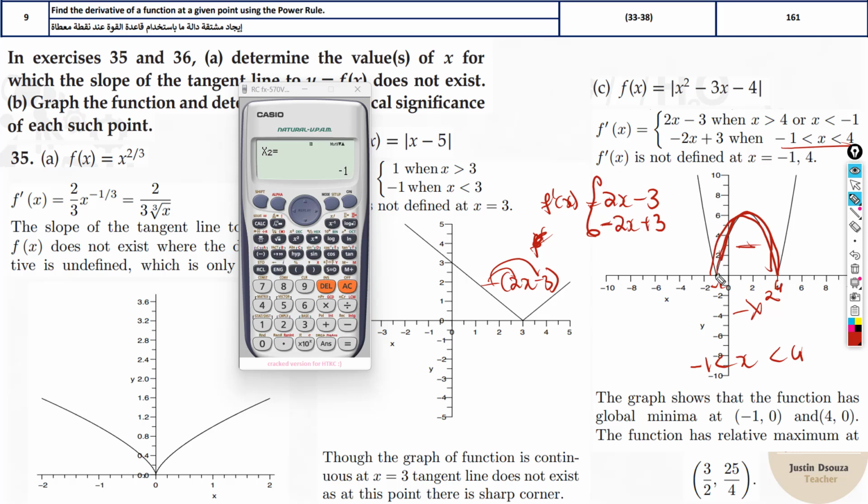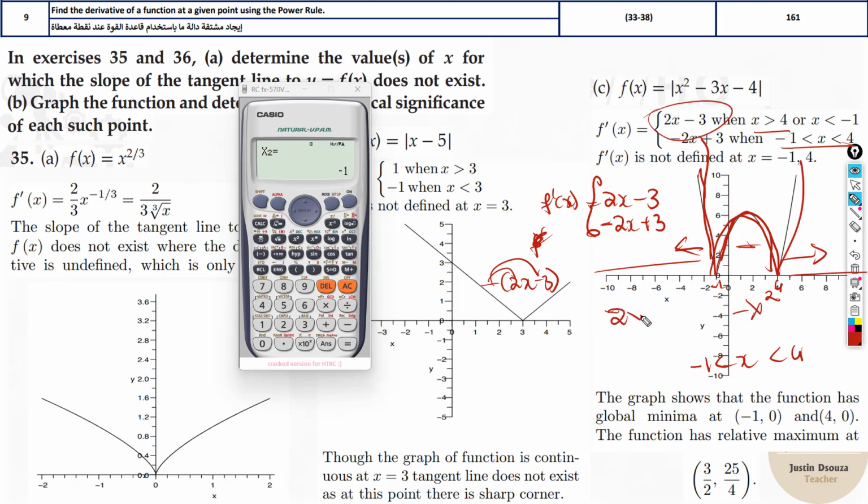The other part is going upwards, over here also upwards. So anything that is greater than 4 or less than minus 1, all these parts are positive.